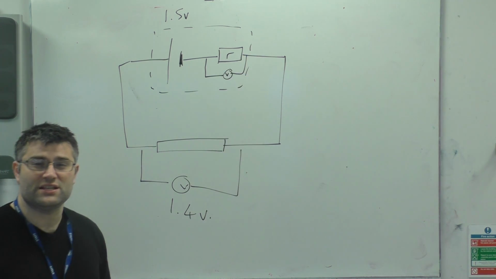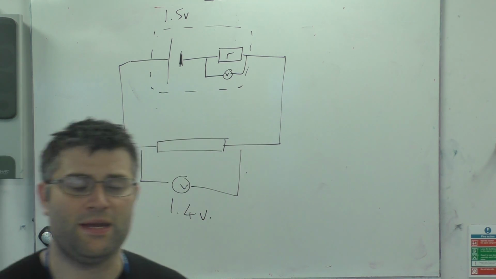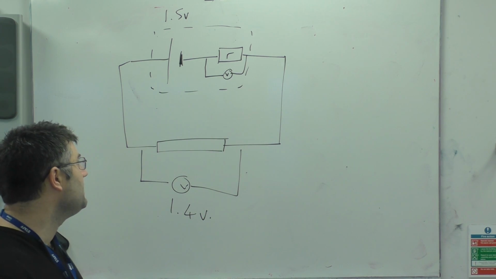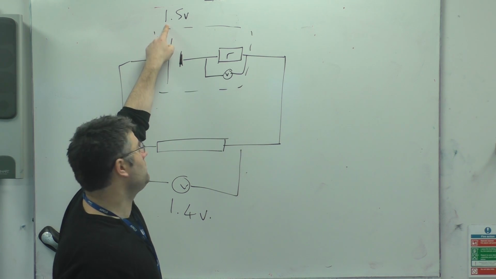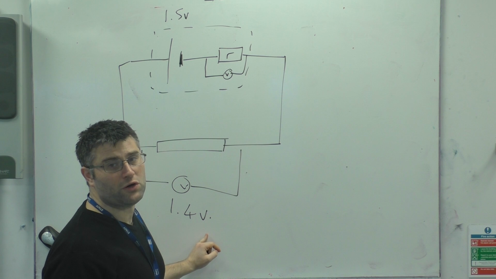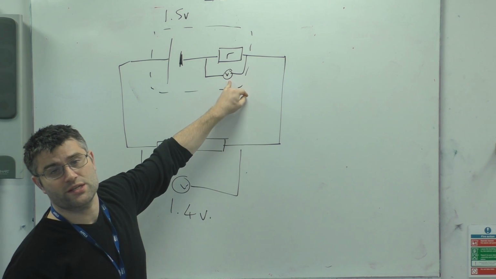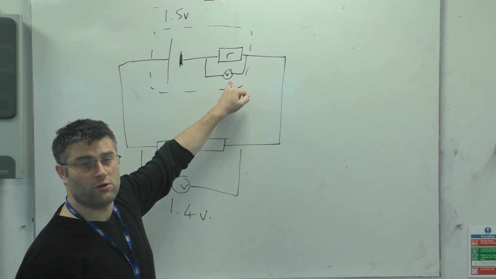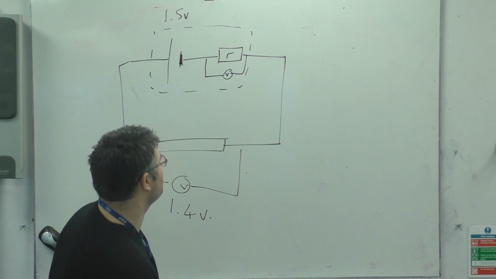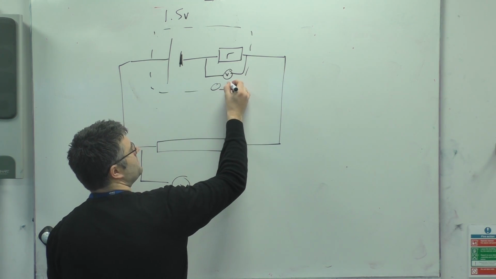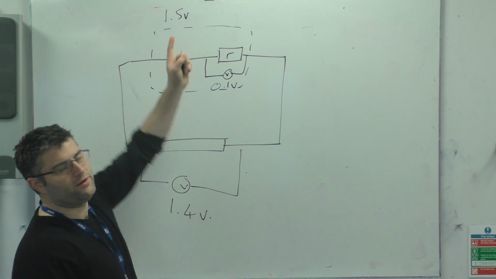Now, utilizing Kirchhoff's second law, the loops about PDs and EMFs in a loop. Now, we've already suggested that the EMF of this battery should be 1.5 volts. We're only getting 1.4 volts. The only other resistor in this circuit is the internal resistance. And so, as a result, we would expect that to be the cause of our lost volts, being, in this case, the 0.1 volts that's missing to add up for our loop.